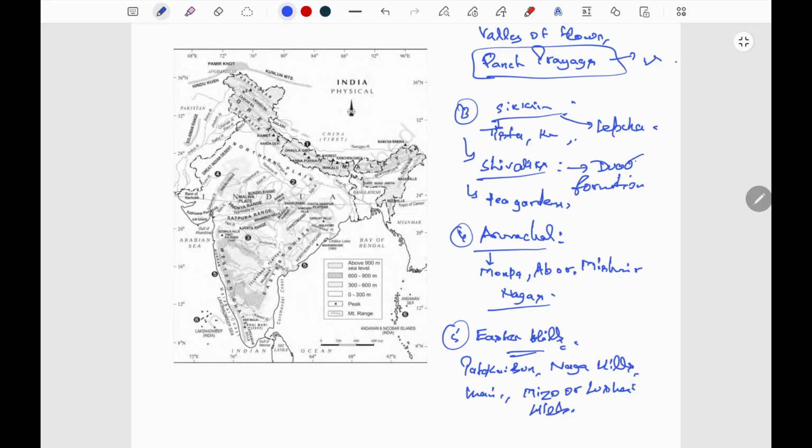These are also an extension of the Himalayas, after the Himalayas take a syntaxial bend from Namcha Barwa. These Eastern Hills are present there, whose general alignment is in the north to south direction.